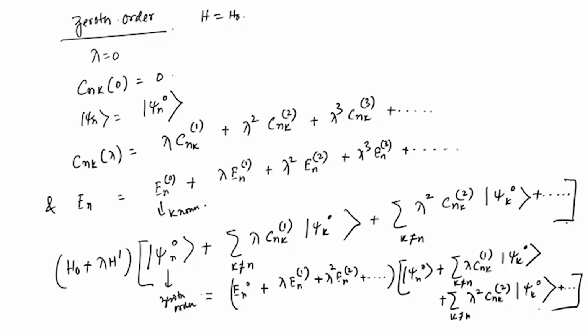Now, you have terms which are proportional to lambda square and so on both sides, and lambda is a small parameter. So, if this equation has to be satisfied, then we should equate equal powers of lambda on both sides of the equation, and that gives us: match powers of lambda on both sides.